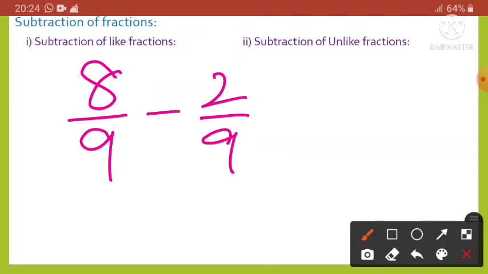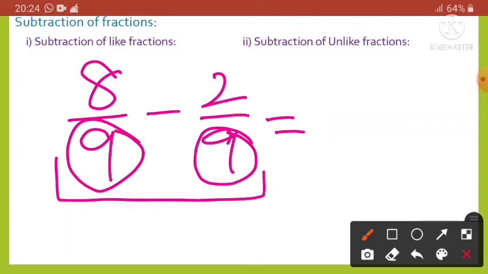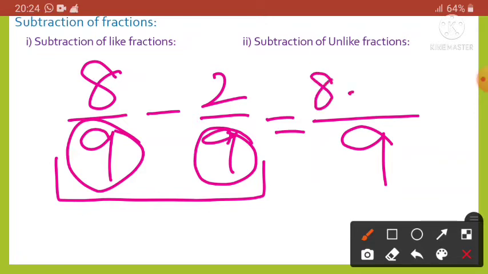Here you can see that in both fractions the denominators are the same. So write the denominator here, that is 9, and simply subtract the numerators, that is 8 minus 2. So we are getting 6 by 9. It is so simple.